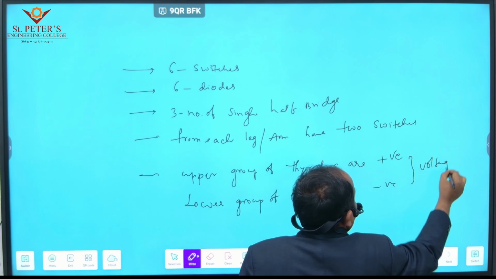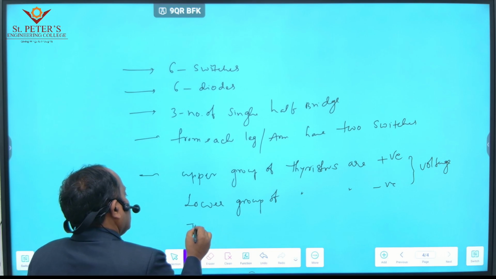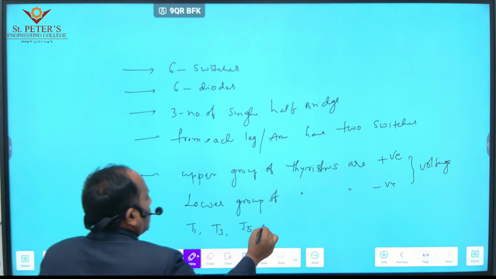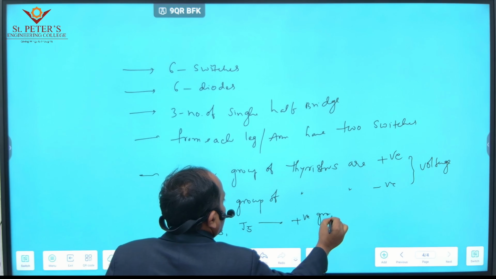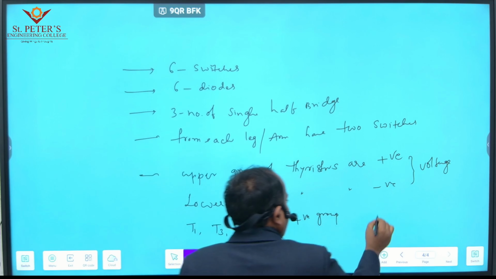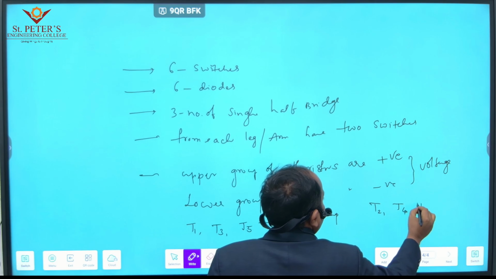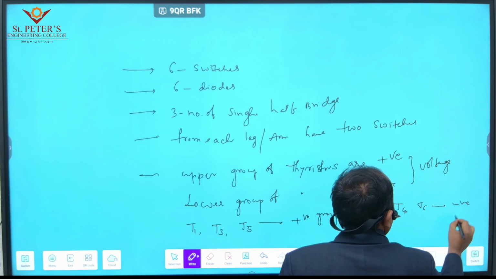That's why T1, T3 and T5 are the positive group, and at the same time T2, T4 and T6 are the negative group.